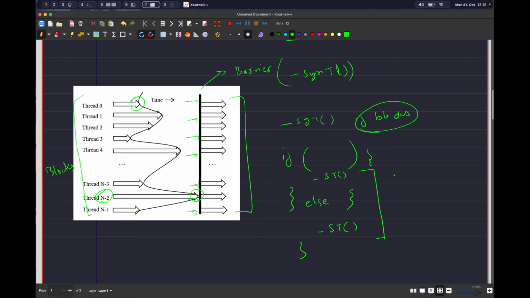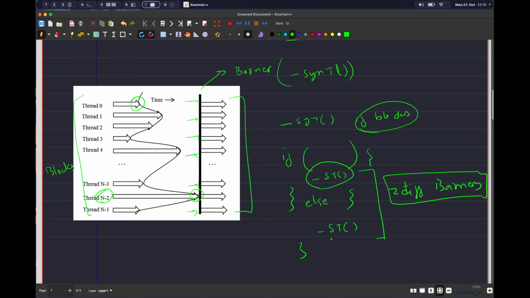They are different barriers that we are putting in the phases of operation of a thread. These are two different barriers, so you need to remember that.